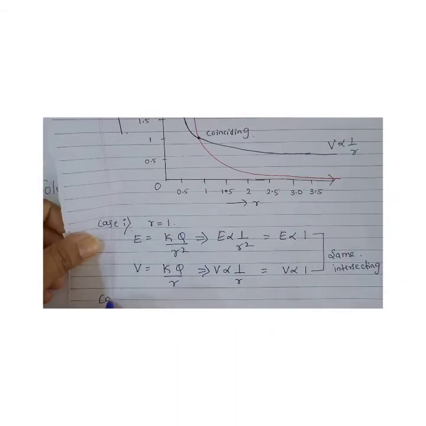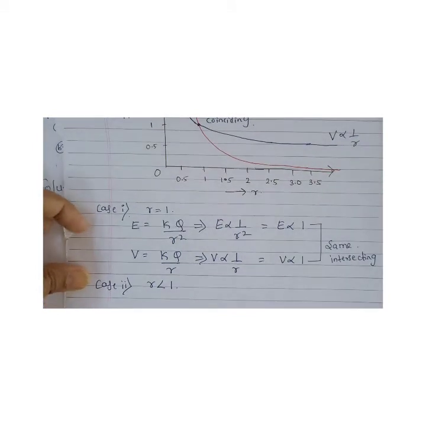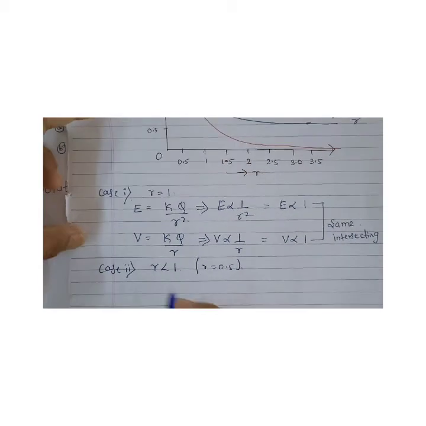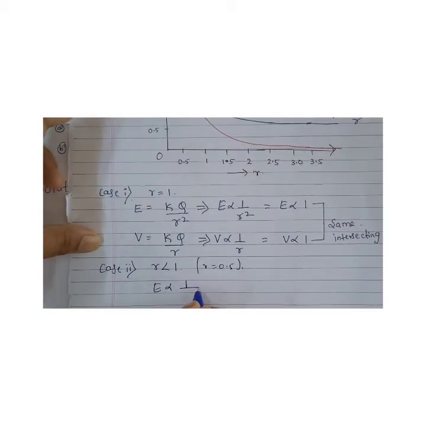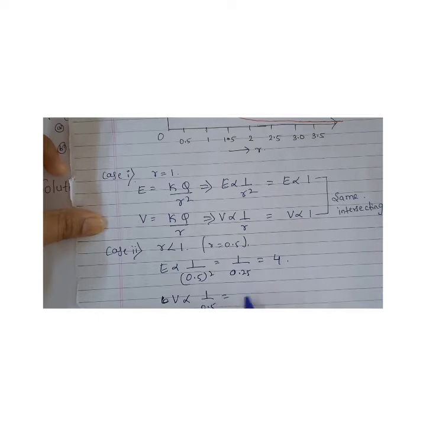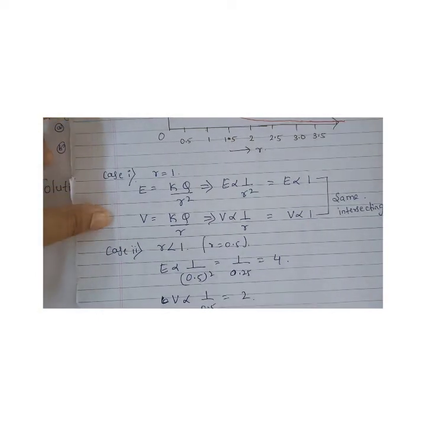Suppose you take case 2, R less than 1. Assume R equals 0.5. Then E is proportional to 1 by 0.5 the whole square, which is 1 by 0.25, which is 4. Now take V: 1 by 0.5, which equals 2.